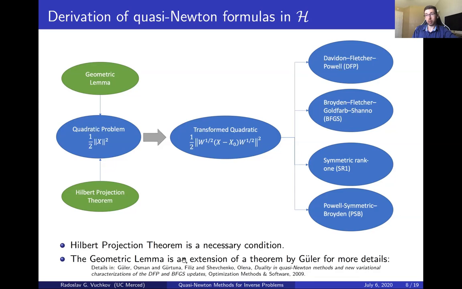This geometric lemma really is an extension of a theorem by Guler in 2009, where they did it for finite dimensions, and we extended that for our infinite dimensional theory. After that, through some U substitutions, you can easily shift this problem to this. And then, depending on what constraints we put on the W operator, we'll get a different update formula.